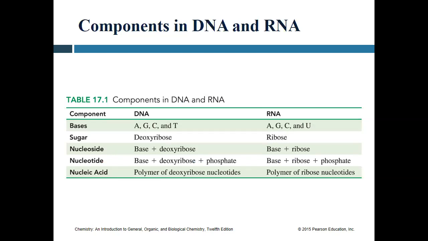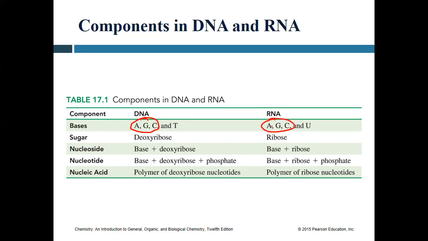So just as a comparison here, DNA versus RNA. Lots and lots of common features between them. They're all nucleic acids at their heart. When we look at the bases, practically the same bases. A, C, and G are common to both.